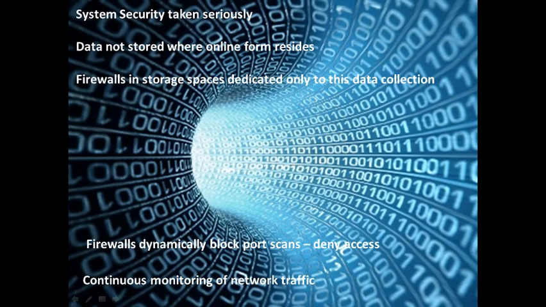In addition to the built-in applications for threat protection, NORC's firewalls dynamically block port scans, deny access to entities that attempt to enter their systems from outside the United States, and provide distributed denial of service protection. Continuous monitoring of their network traffic identifies potential threats and generates automated notifications for immediate attention of the information security team.